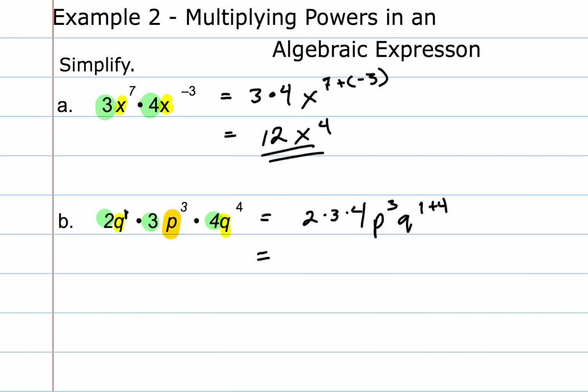So, as I was saying, we're going to simplify 2 times 3 times 4, which is 24. P to the third. Q to the fifth. So this is the simplified version of this expression.